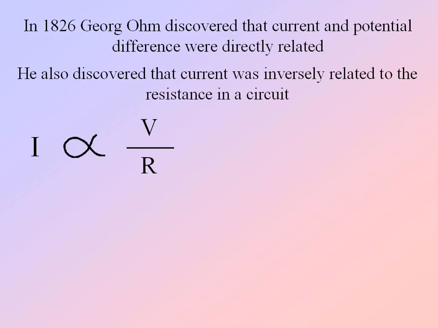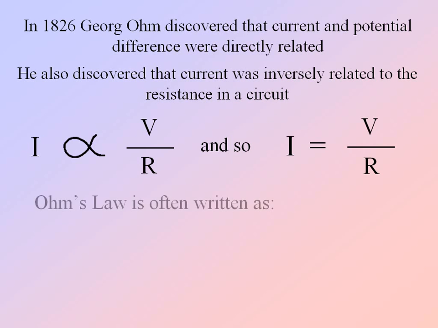That is, as the resistance increases, the current will decrease. And making this an equality by choosing a proper unit for current, potential difference, and resistance, we get I is equal to V over R, or another name for this is, of course, Ohm's law.